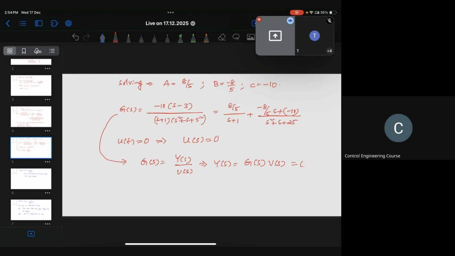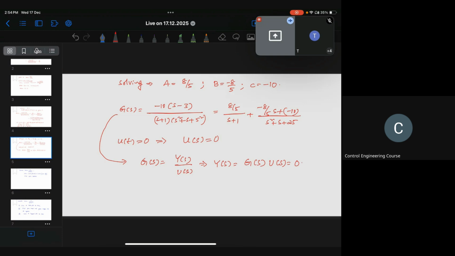In this case, since U(s) is 0, Y(s) is 0, and y(t) you can also get as 0.